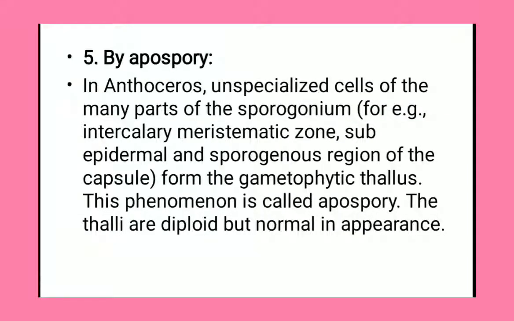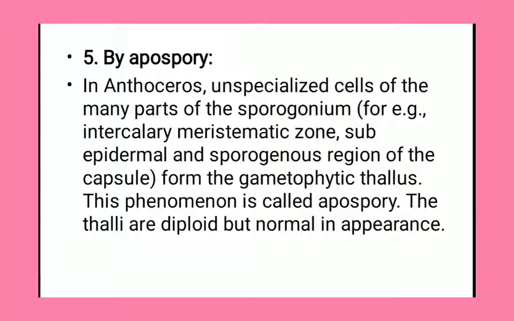And then apospory. In Anthoceros, unspecialized cells of many parts of the sporogonium, for example the intercalary meristematic zone, subepidermal and sporogenous region of the capsule, form the gametophytic thallus.